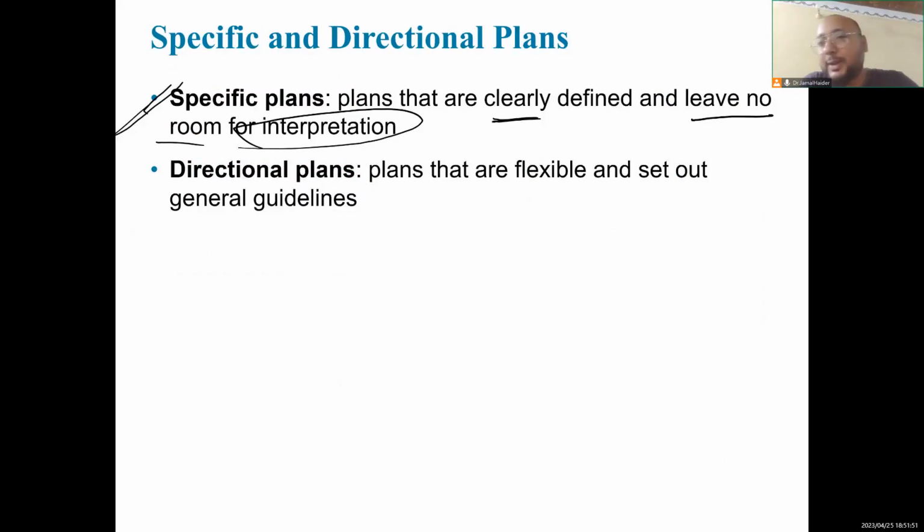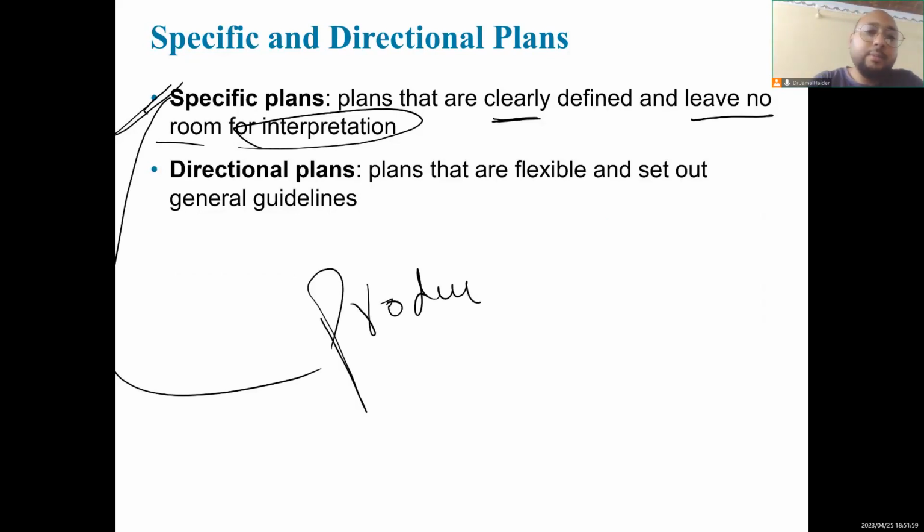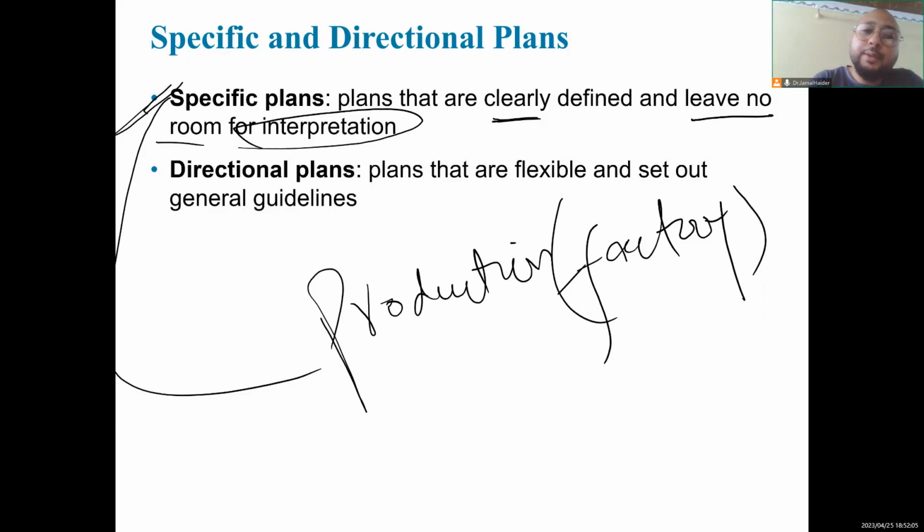These goals are called specific goals. Mostly, if you are working in a production house or production factory, then these goals are more specific. They are going to tell you how to produce, which things come first, and how you are assembling the product. All right.